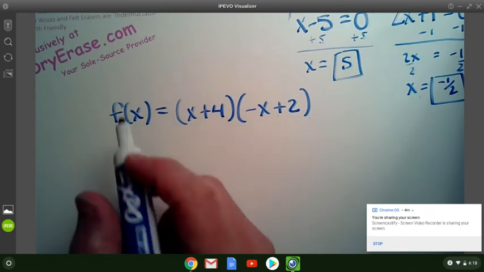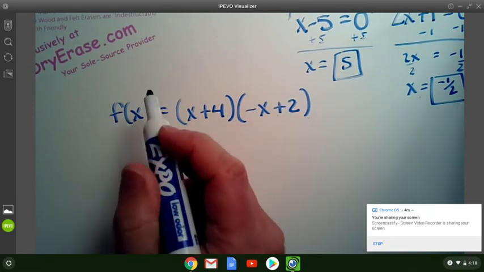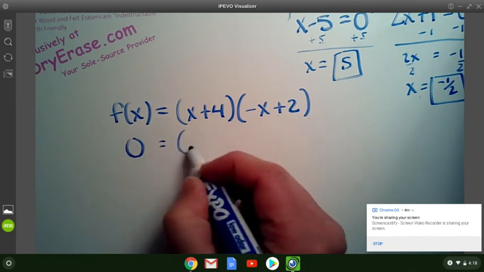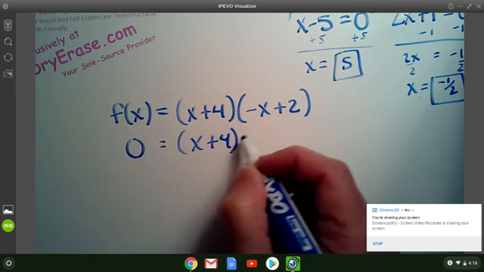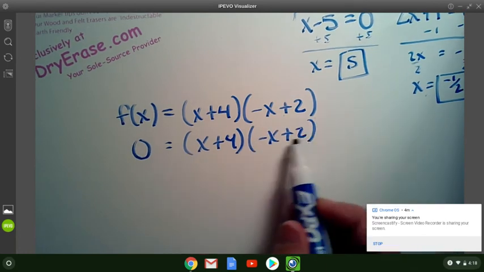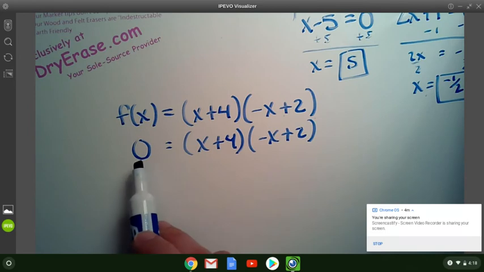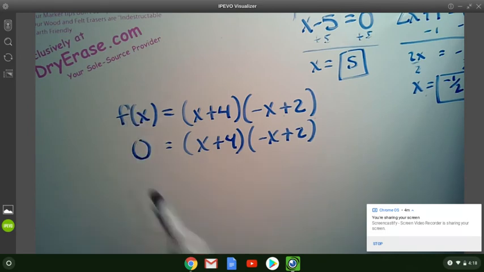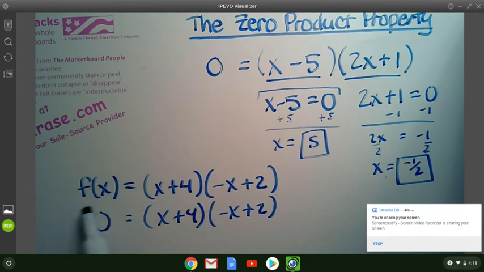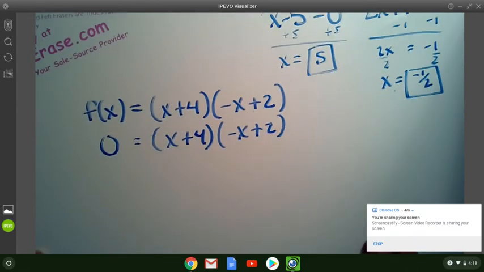Those are the places where the y value, which is f of x, is equal to 0. So this is really the same as saying, find out when these two things equal 0. What values of x will make this function equal 0 for the y value? So it's really the same thing that we saw up here, but it's just worded a different way, and it's talking about functions now, but the process is the same.